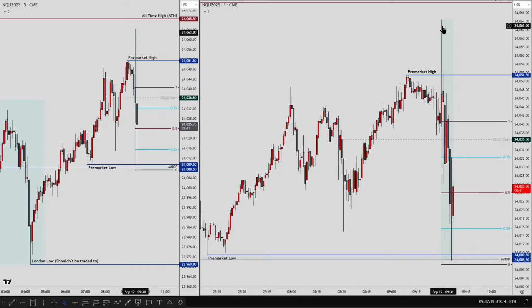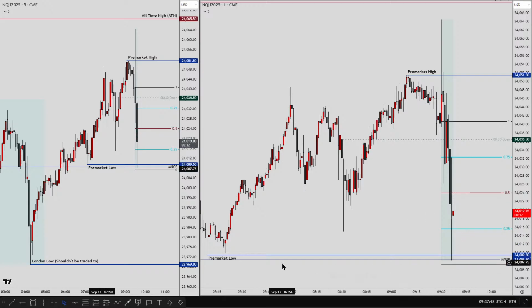We also swept that pre-market high at 9:30, so you know the odds are in your favor that it should trade lower, fill in the gap, and then go into that pre-market low. That alone is enough of a model where you can take that 2 or 3 times a week if you're only looking at the Nasdaq. If you're looking at other markets as well, then 5 or 6 times a week.